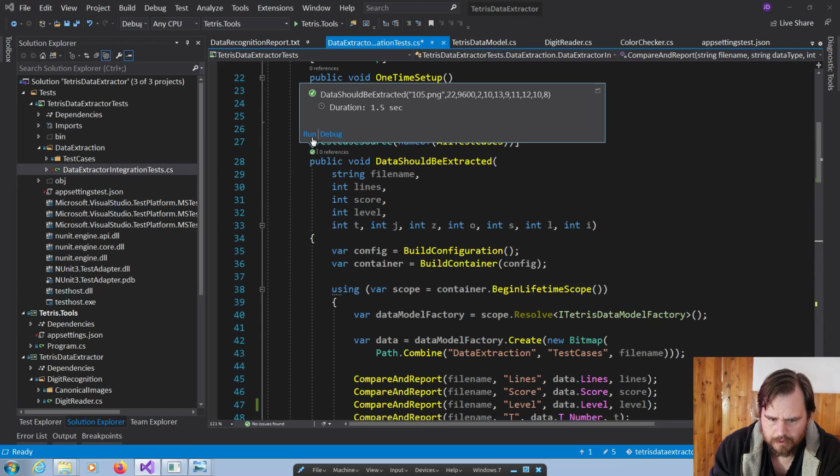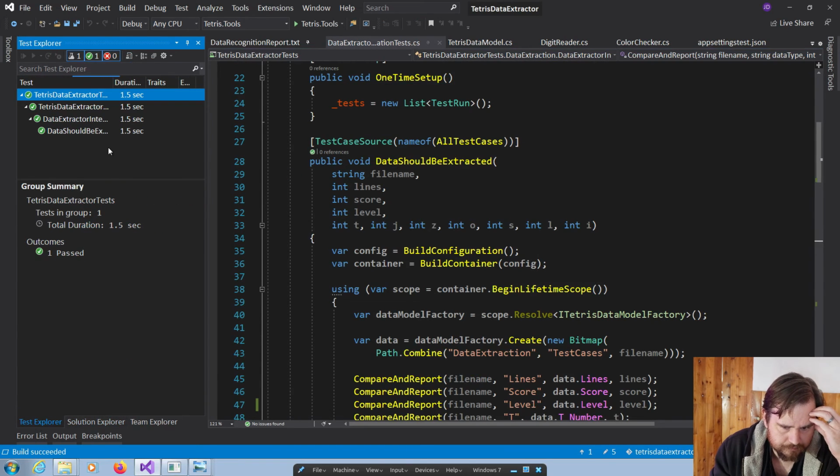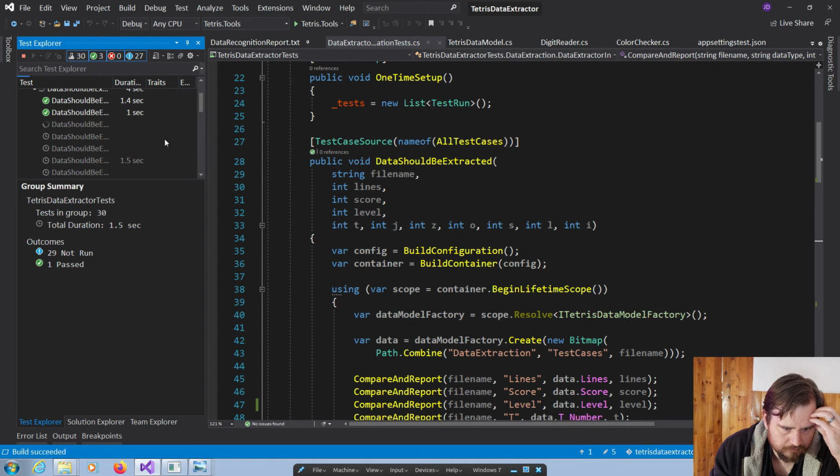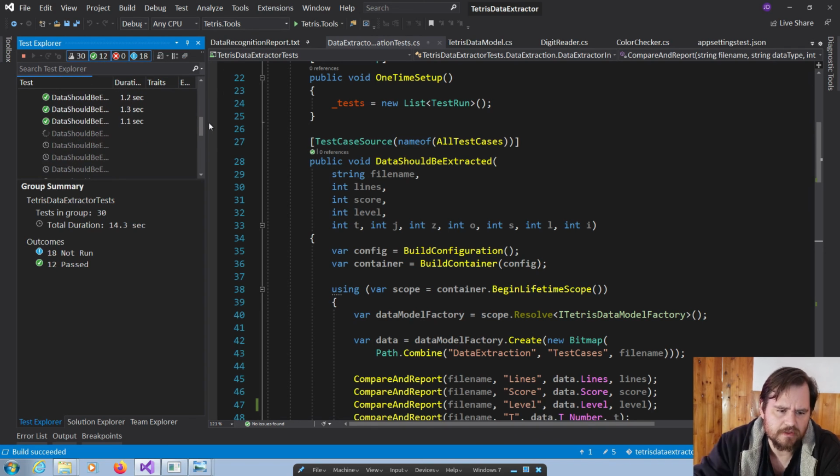Now I can't even remember. Run. No, I don't think I ran it. Okay. And if you recall, a few sessions ago, I did play a whole bunch of Tetris. I have like 70 other screenshots to add to this mess because I really want to make sure it works.